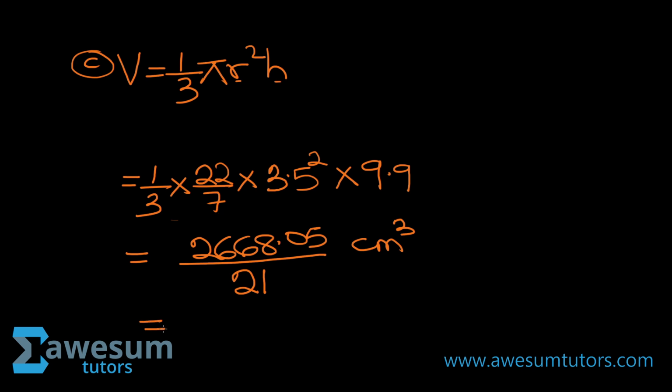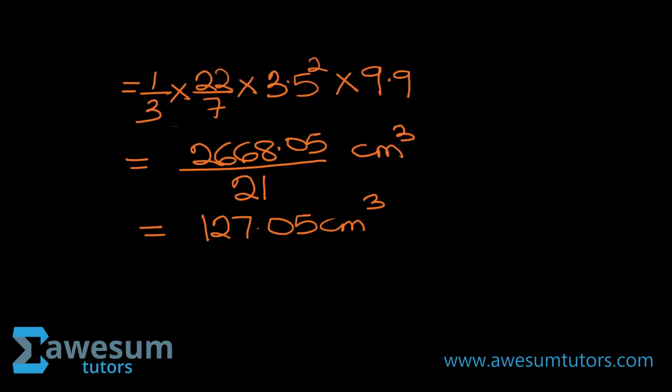So if you divide this, you're going to have 127.05 centimeter cube. What we got when we multiply the numerator and have it over the denominator was 2668.05 over 21 centimeter cube. When you divide that, you have 127.05 centimeter cube, because we are talking about volume.